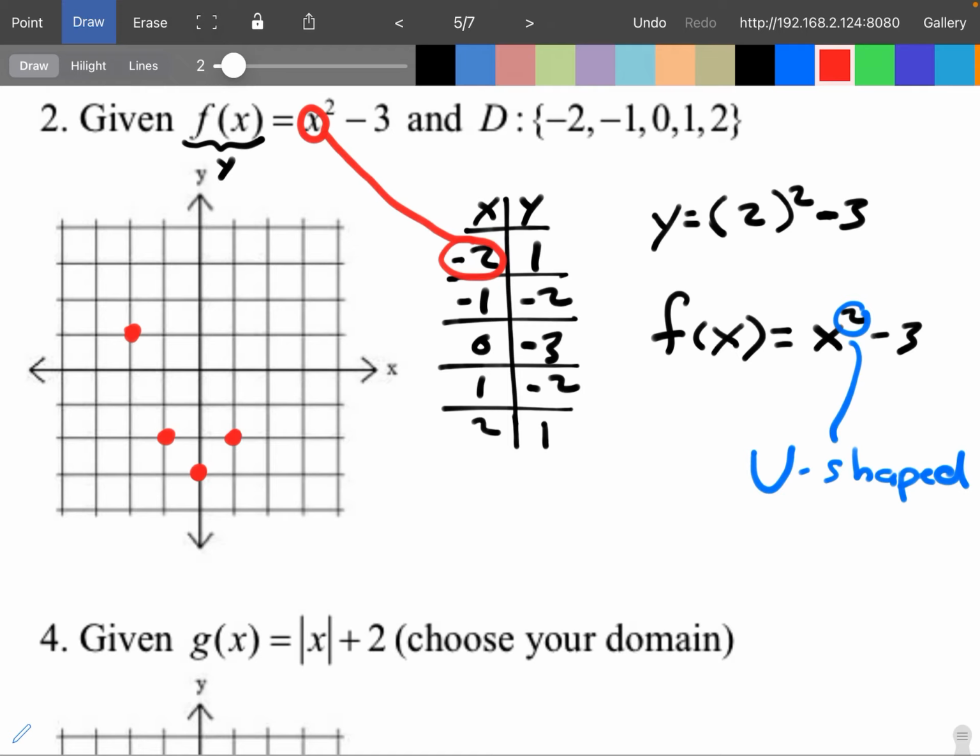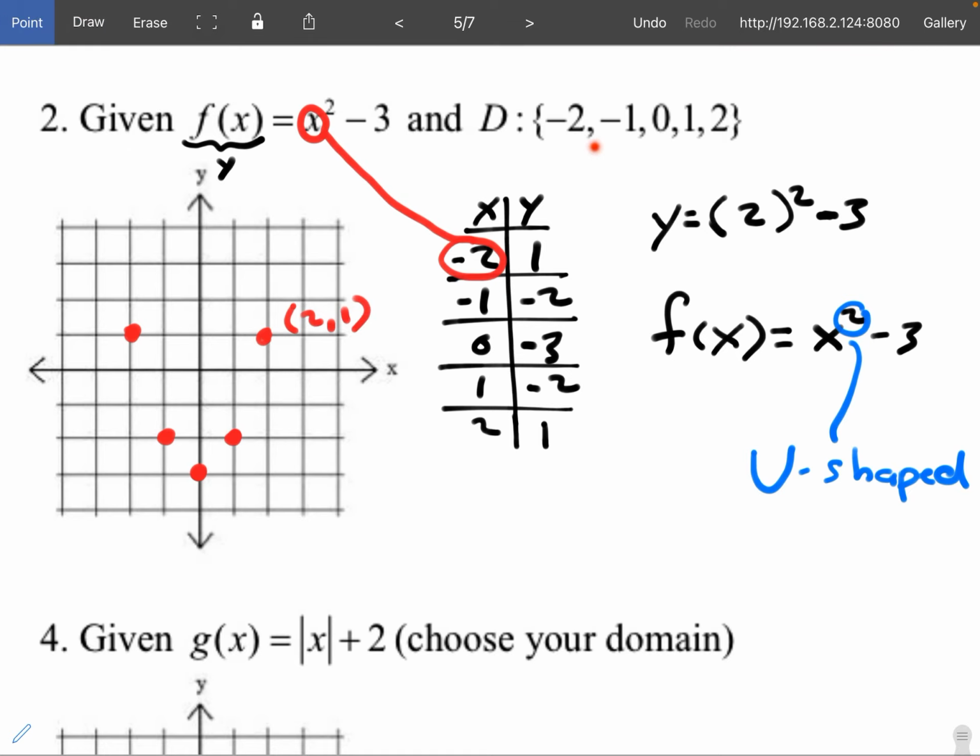The third point is 0 comma -3, that's just 0 left or right, so it's just 3 down. The next point is 1 comma -2, that's 1 right, 2 down. And then the last one is 2 comma 1, that's 2 to the right, 1 up.